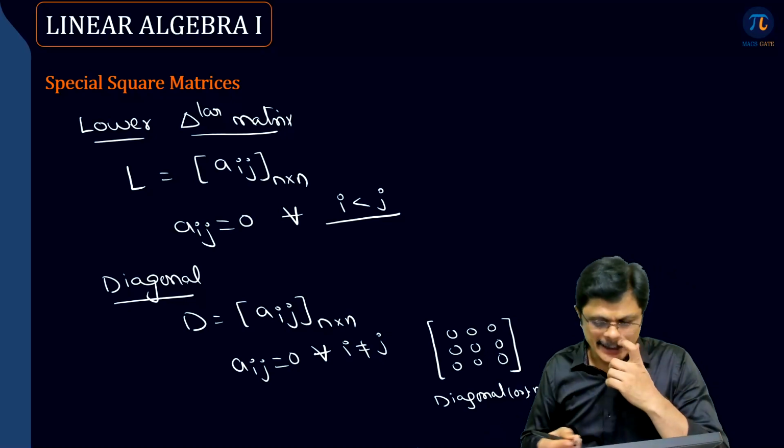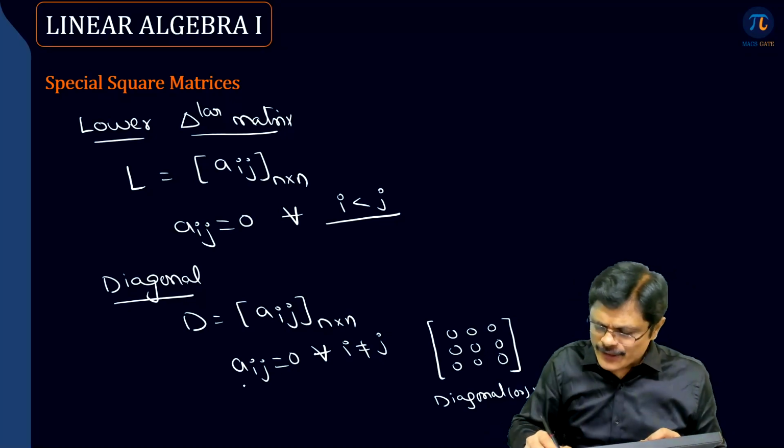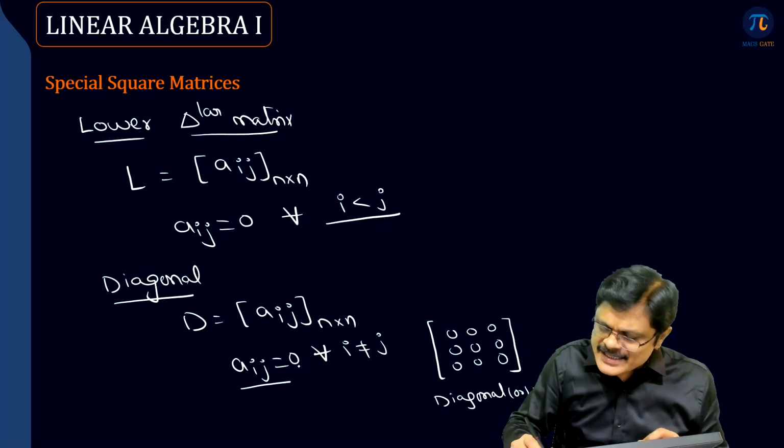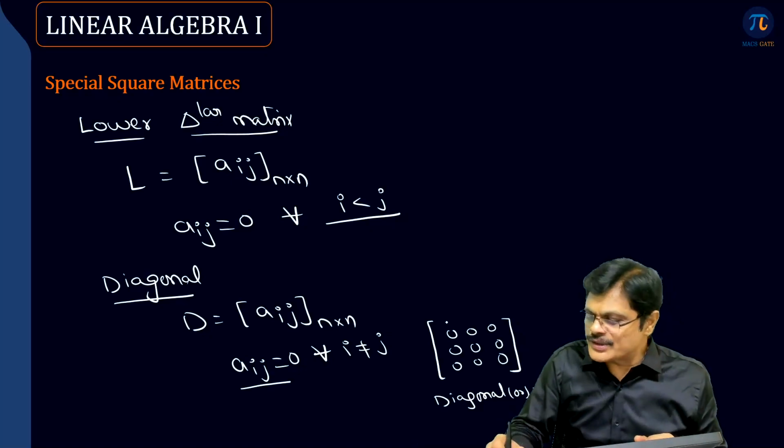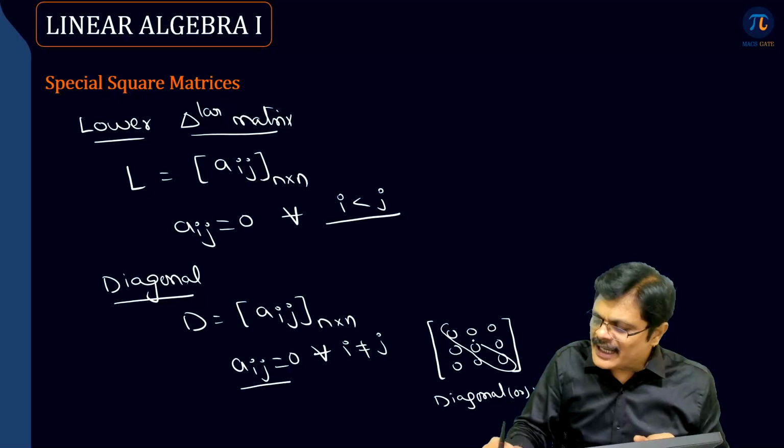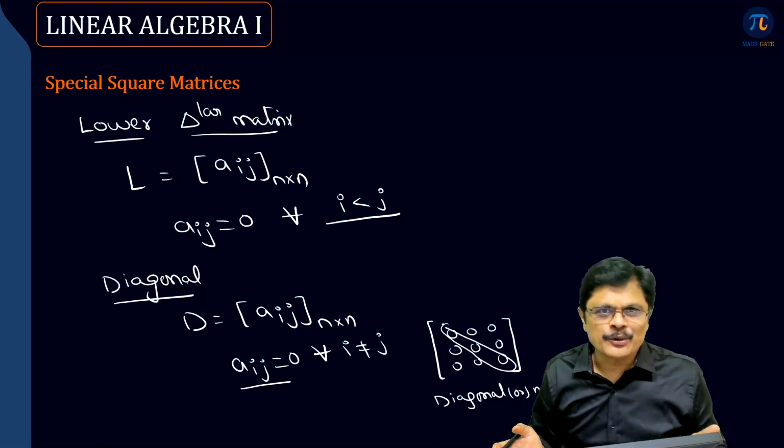Please check the condition. See, you don't have to worry about it. It says Aij is 0 for all i not equal to j. That is, other than the main diagonal, all remaining elements must be 0. There is no condition for main diagonal elements.